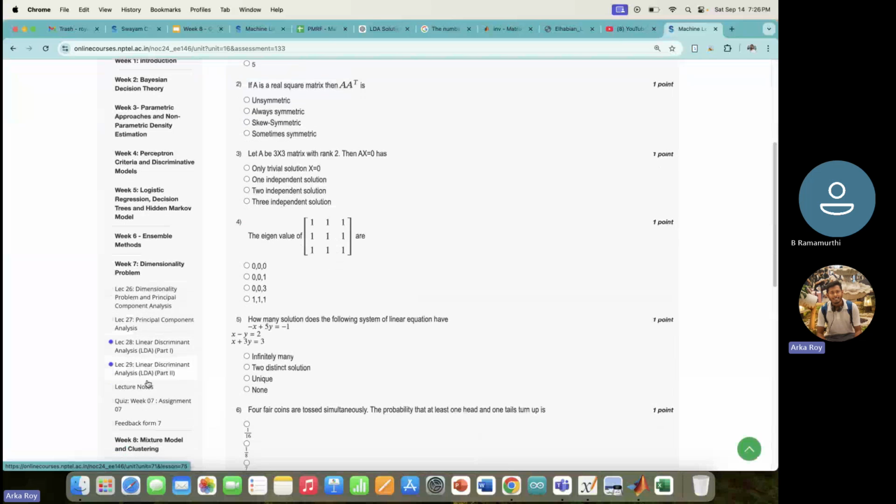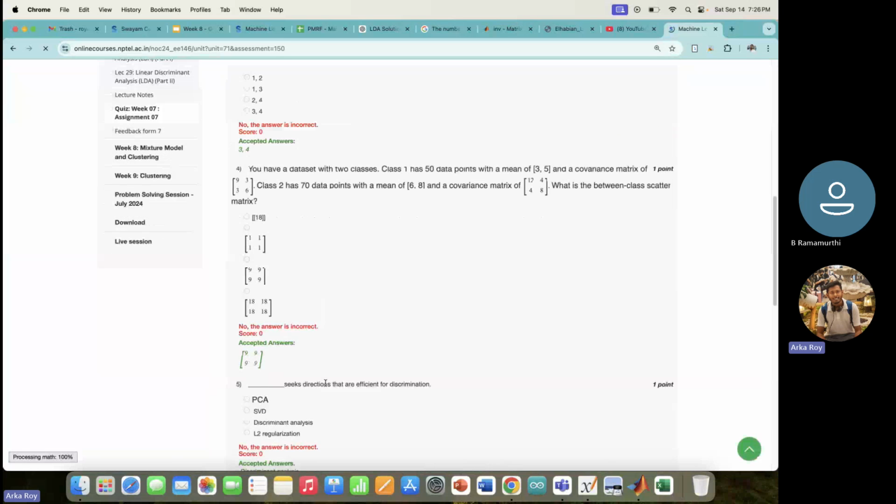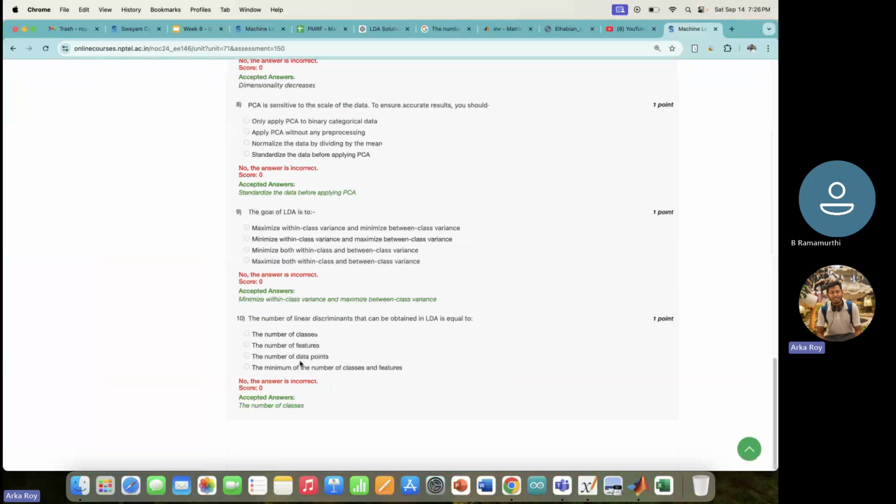In week 7, the number of linear discriminants that can be obtained in LDA is equal to, it is very obvious, the number of classes will be the correct answer. So the correct answer is number of classes.